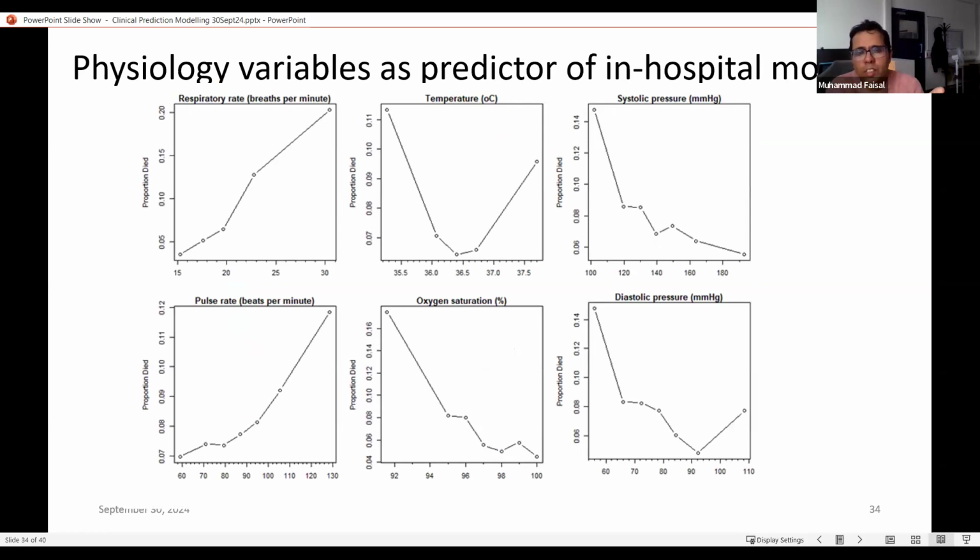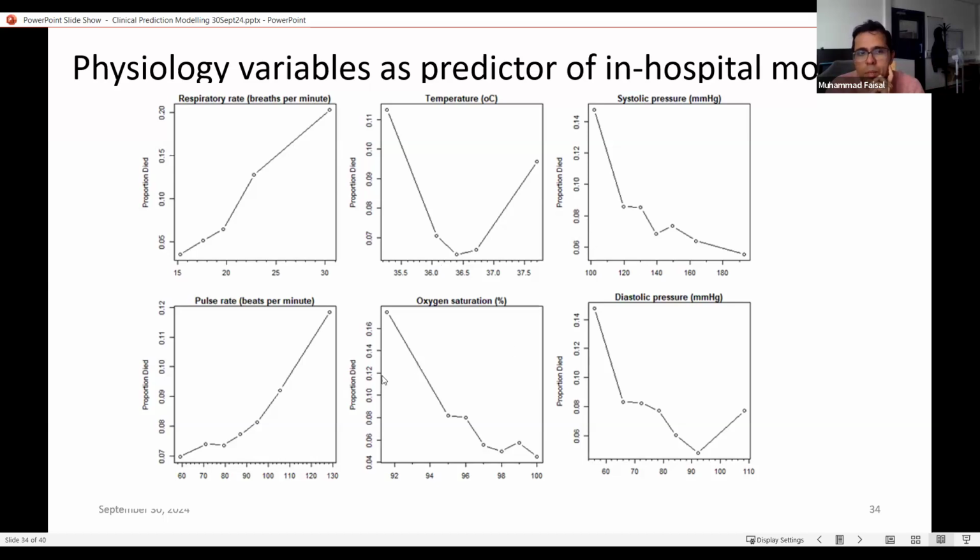One of these are the parameters in NEWS, the National Early Warning Score: respiratory rate, body temperature, systolic blood pressure. These are commonly collected, and we looked at how these individual parameters are associated with mortality. As the respiratory rate is high, mortality is high as well, since respiratory rate is an indication of infection. For body temperature, whether low or high, on both sides mortality is high.